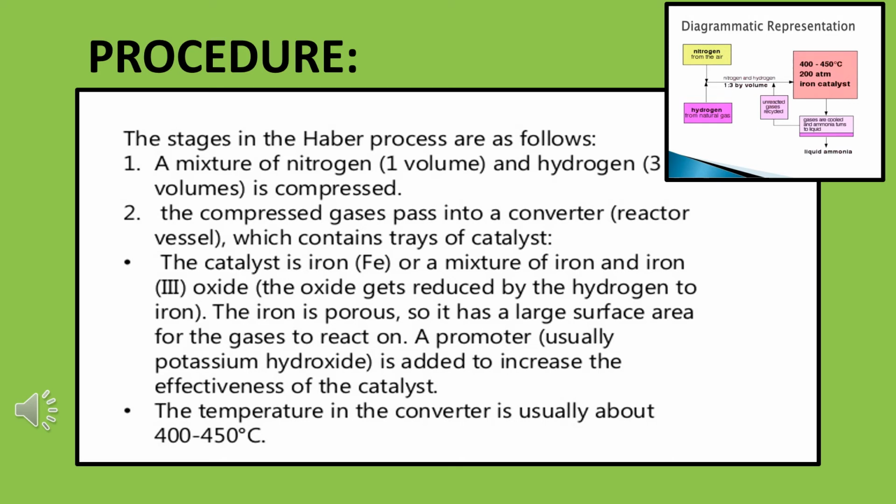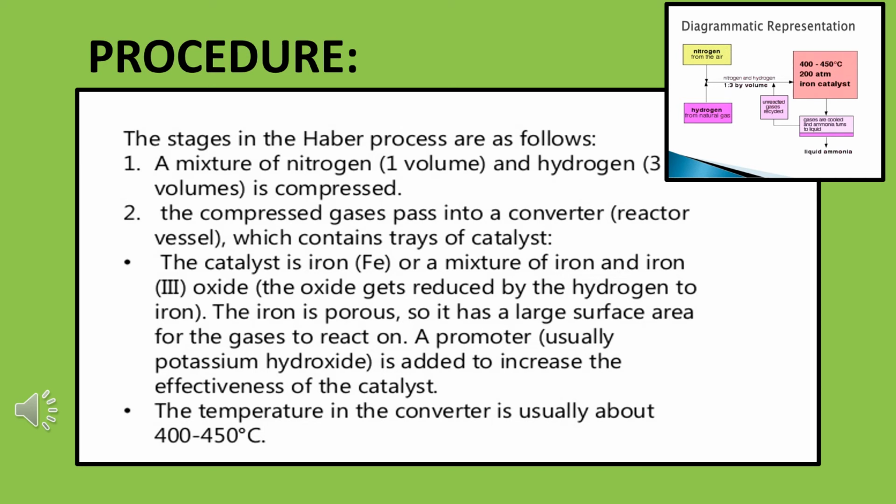The catalyst iron, or a mixture of iron and iron oxide, is used as a catalyst in Haber's process. The iron is porous, so it has a large surface area for the gases to react on.